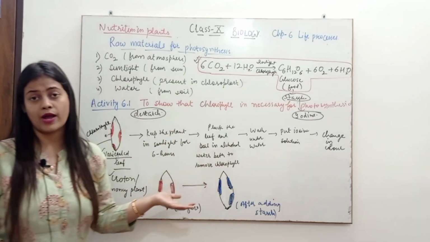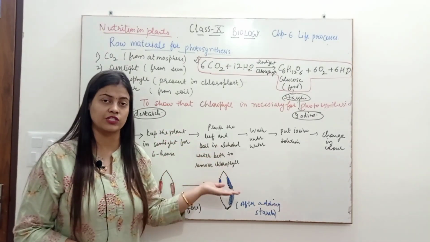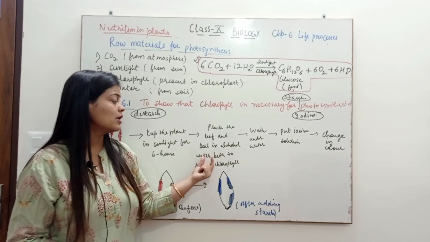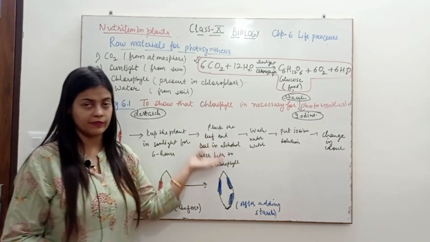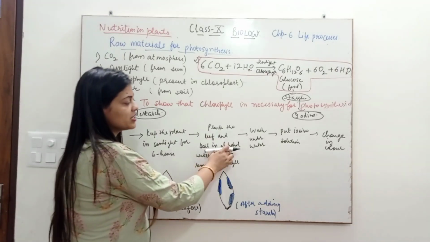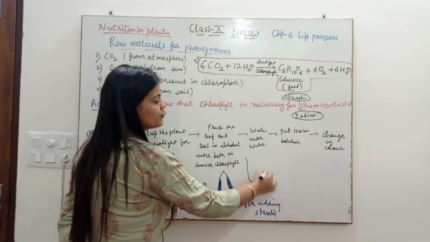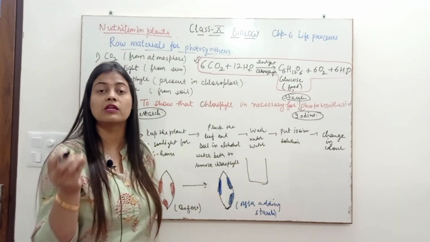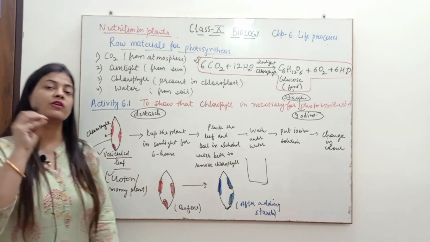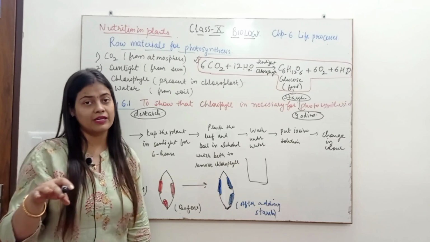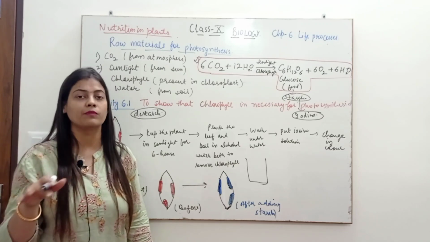Now why is there a requirement for boiling in alcohol, and why are we not directly heating in alcohol? Let me tell you the reason. First the leaf has to be decolorized, because the leaf is generally green in color, it has green patches. When we put iodine solution over green color, the change in color will not be very clear.